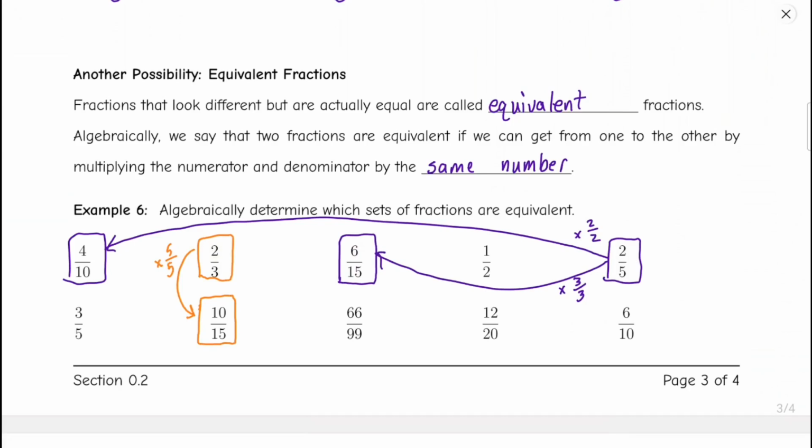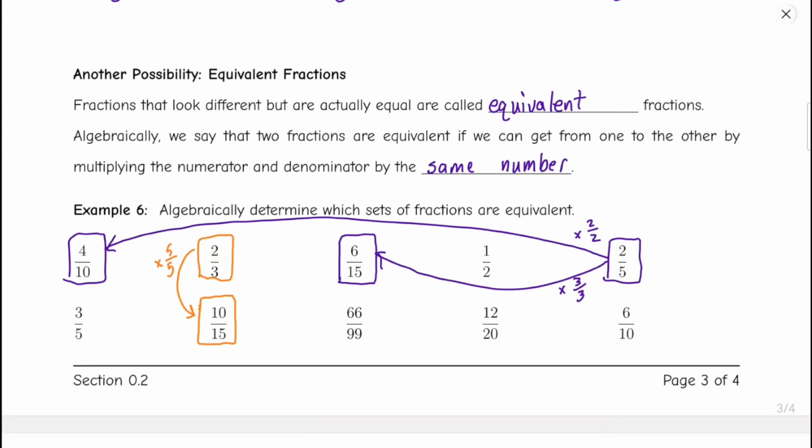So because 4/10 and 6/15 are both equal to 2/5, that also means 4/10 is equal to 6/15. You can either start with 6/15, divide both by 3 to get to the 2/5, and then multiply by 2 to get the 4/10.